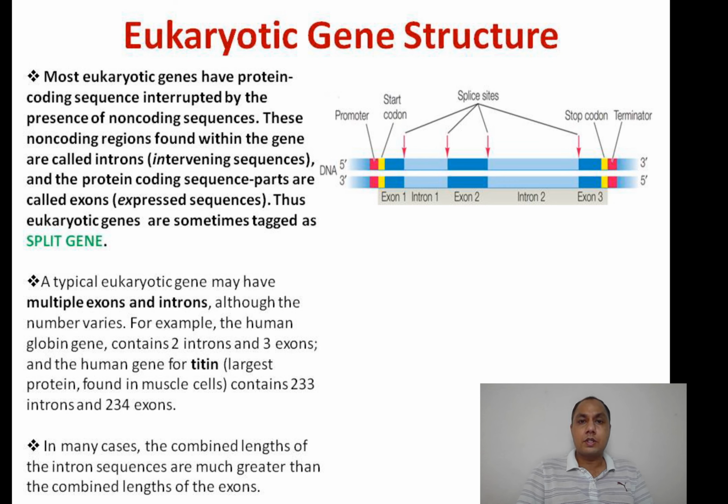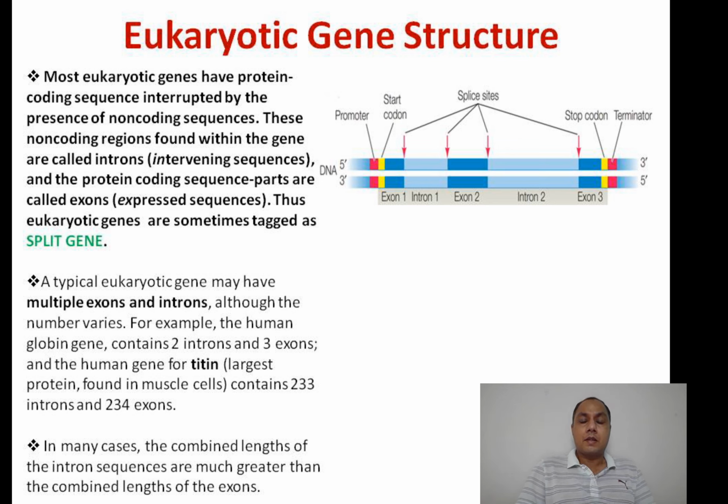As opposed to this, the coding parts which specify the amino acids are called exons, that means expressed sequences. More than 75% of eukaryotic genes have interruptions in their coding region because of the presence of introns. That's why eukaryotic genes are also called split genes, that means the information for the coding of a protein has been split.